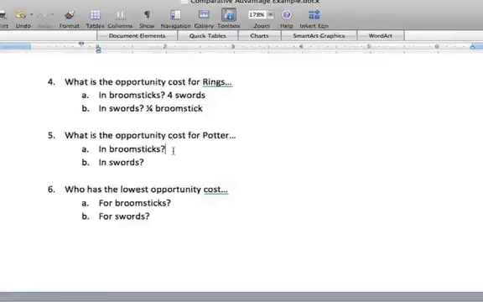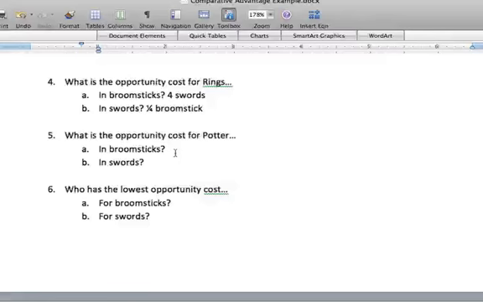We also need to find the opportunity cost for Potter. In the time it takes Potter to make one broomstick, we need to know how many swords they can make. Well, according to the average product per worker, in Potter, the average worker can make 6 broomsticks or 3 swords. So in the time and using the resources it takes to make 6 broomsticks, they can make 3 swords.